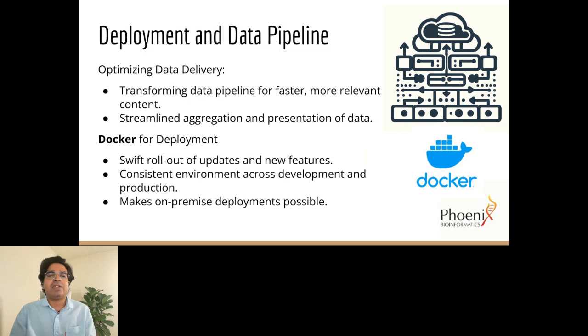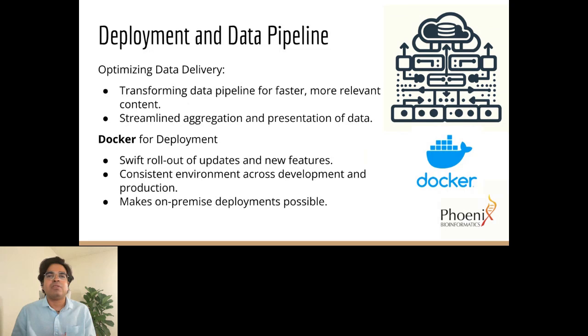Moving on to deployment, we are embracing Docker to transform how we manage TAIR. Docker enables us to quickly roll out updates and new features, ensuring our development and production environments are always in sync. The modular nature of Docker also makes it easier to add new modules to TAIR, such as external tools or even additional features, without disrupting existing functionality.